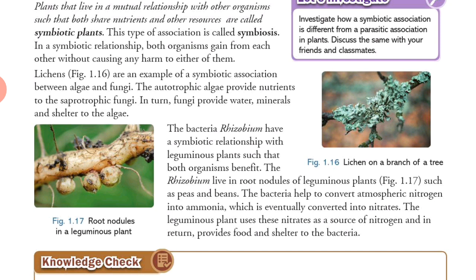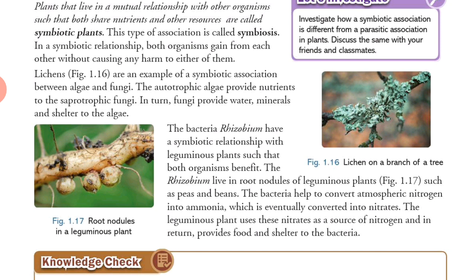The interesting thing about rhizobium is it helps to convert the atmospheric nitrogen into soluble nitrogen for the leguminous plants. We all know that nitrogen is present in abundance in the atmosphere, around 78.9%. Still, we human beings and plants cannot take it directly from the atmosphere.